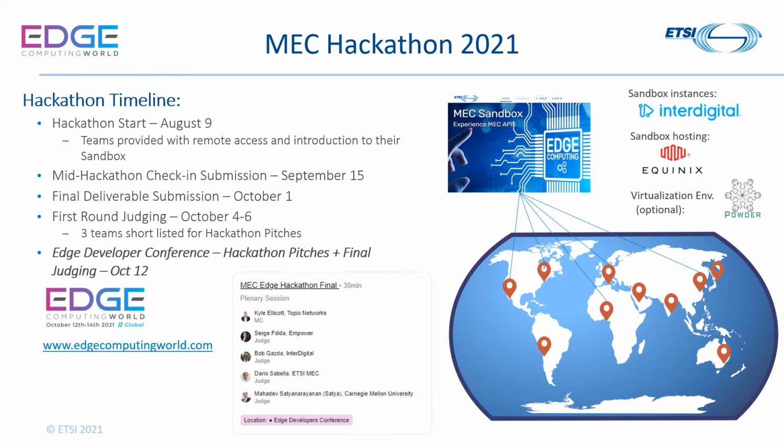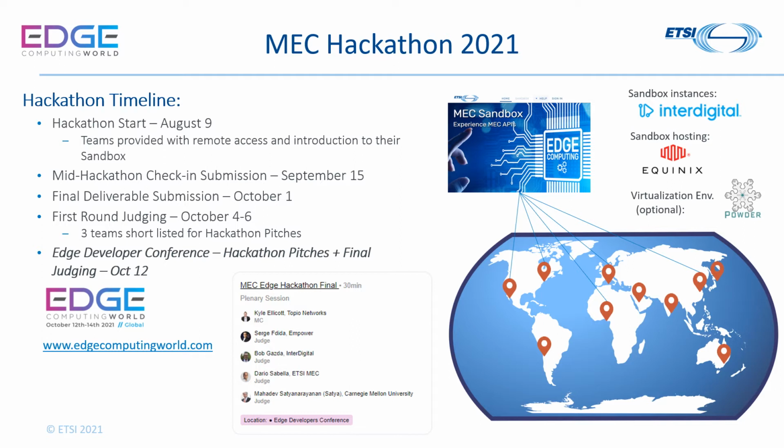The hackathon started on August 9th. Teams were provided with remote access and introduction to the sandbox. Sandbox instances and support was provided by InterDigital. Sandbox hosting was provided by Equinix.